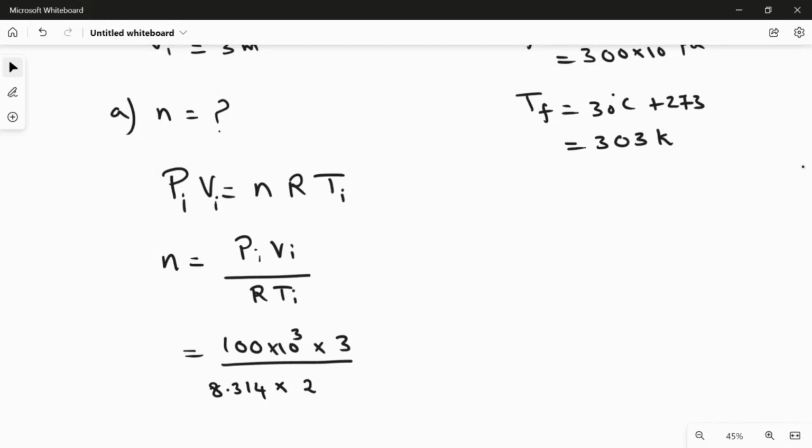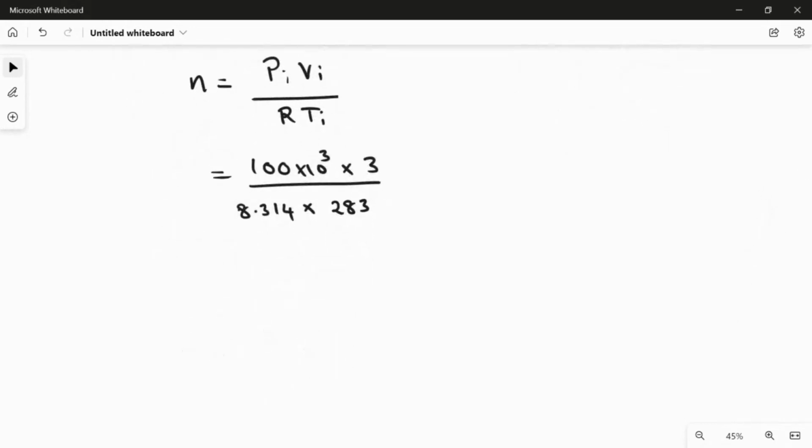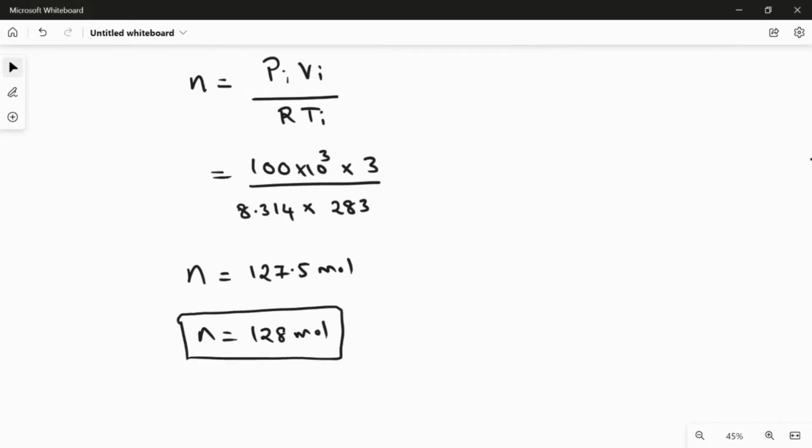Let's see what the answer for the number of moles is. So n, I got the answer here as 127.5 moles. Better we can just round the value: 128 moles we got as an answer. Clear? This is the answer for the first part.